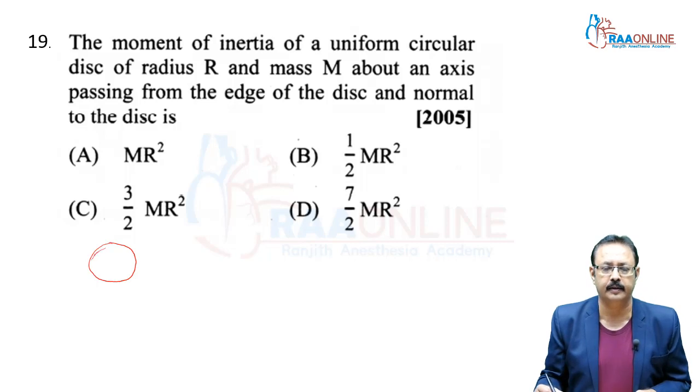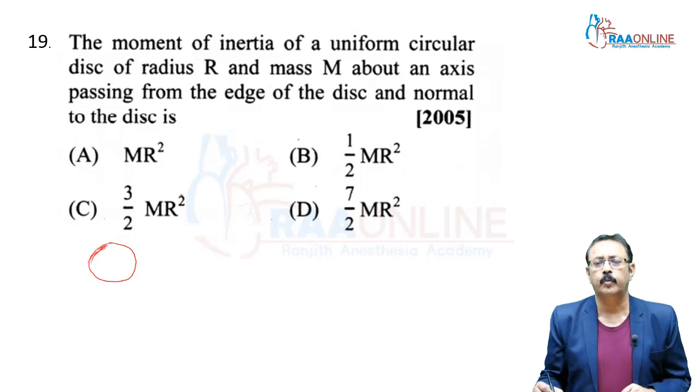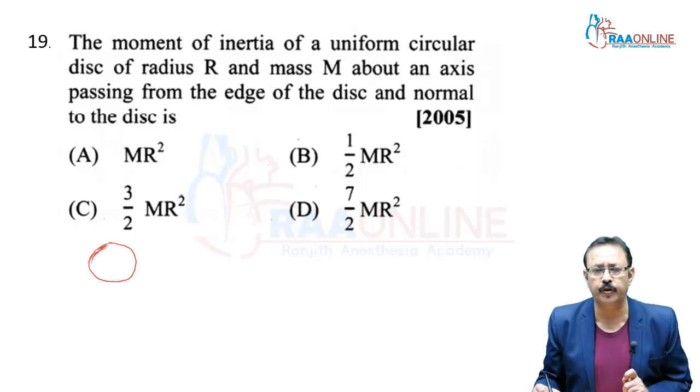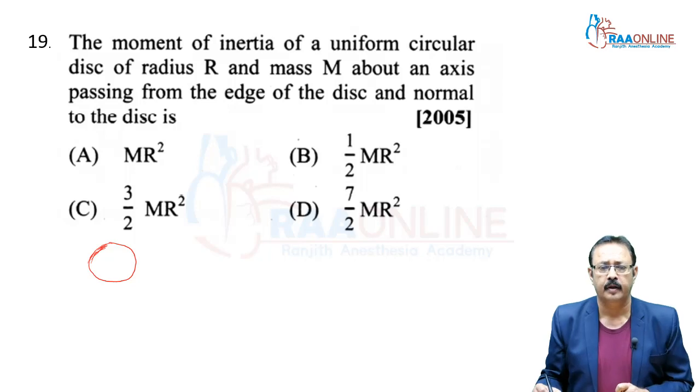It is a disk, not a ring. An axis passing from the edge of the disk and normal to the disk, means normal to the plane of the disk. So we want to calculate about the edge of the disk and perpendicular to the disk.